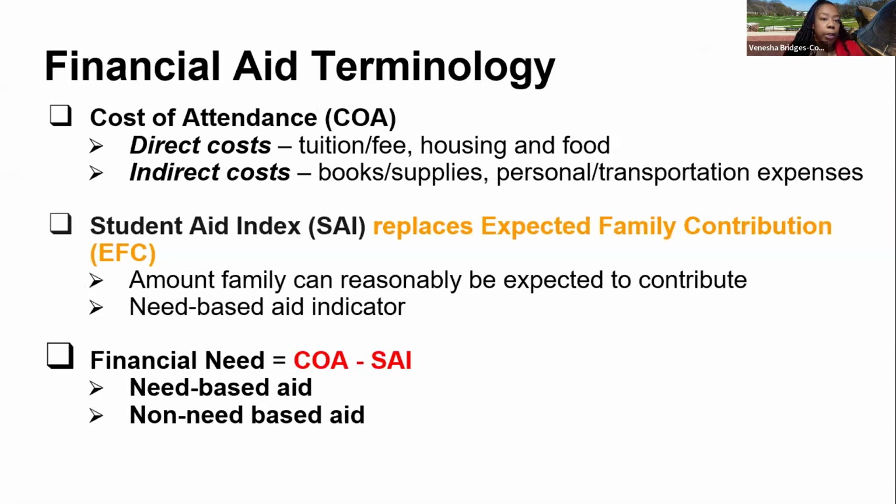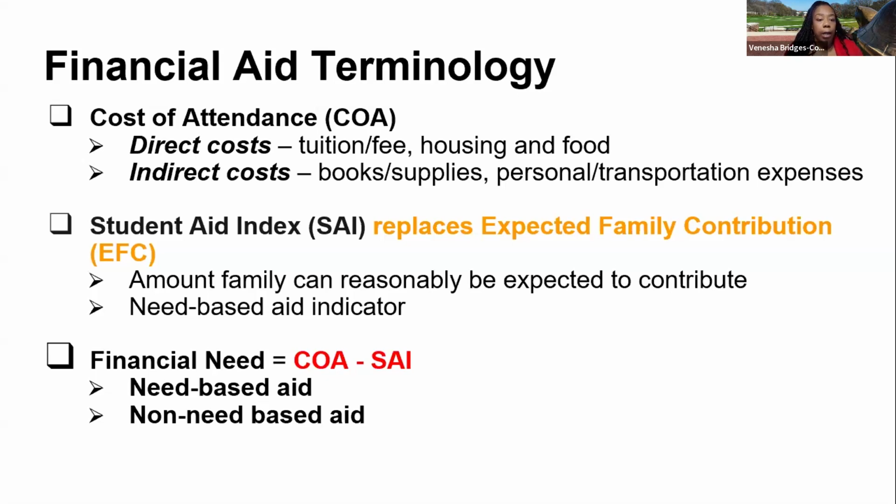So some important financial aid terminology that we use all the time is cost of attendance. And what that means is that your cost of attendance includes what we call direct costs and indirect costs. Indirect costs pretty much are items that you are not billed for. So that includes books and supplies, personal expenses, as well as transportation costs.